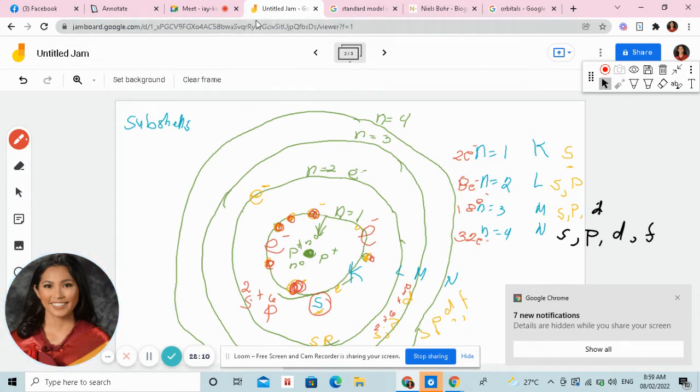Okay, that's Neil Bohr's model. So don't forget that one. So let's go back.